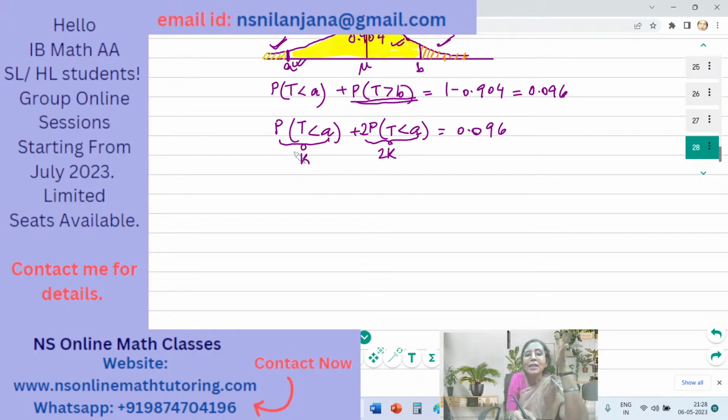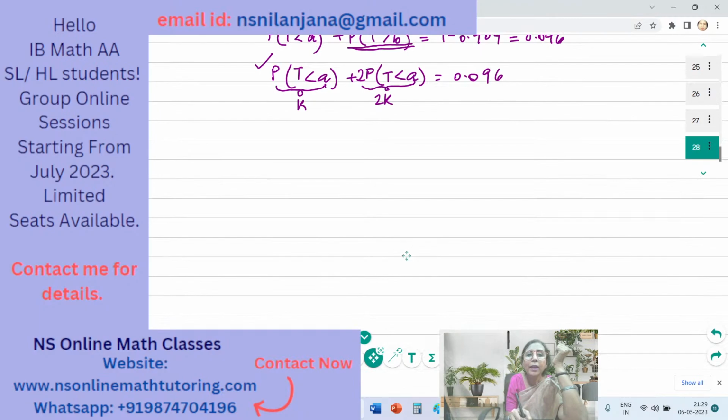Where k is probability of T less than A. Okay, you think this way. After coming to this equation, how can I add? Why? Probability is just a number between 0 and 1. So I'm taking it as k. So 2 times the same thing will be 2k. Adding them, we will be getting 3k.